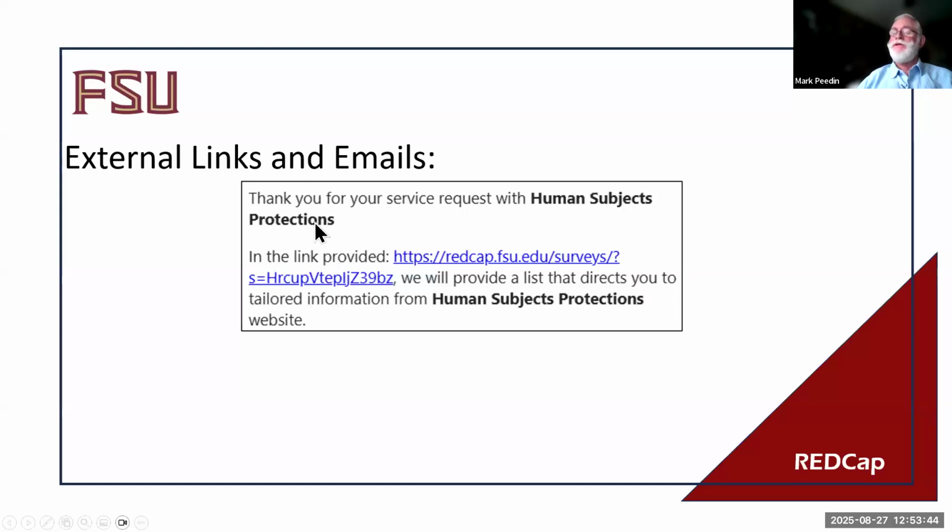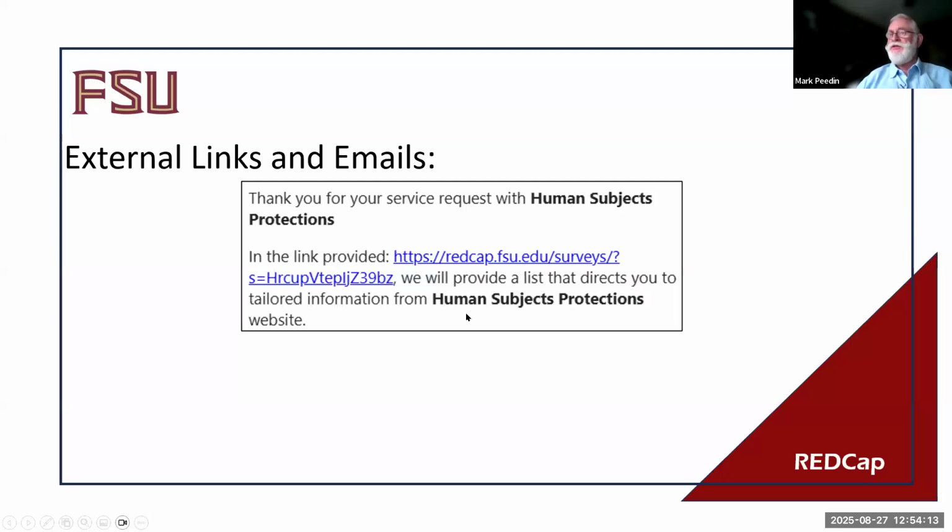It'll highlight what hub they were asking support in as a reminder. It will have a hyperlink back to a form in REDCap that would list either the one, two, or three pages, URLs to websites that they can click on, and those websites would show up in subsequent tabs on the REDCap browser window.